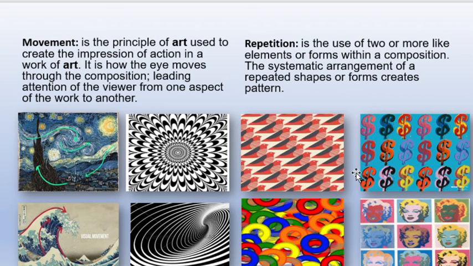That is what we call repetition, and it is common in pattern. So you see that the objects here are all repeated in a certain manner. These ones too are repeating the shapes of the patterns. So this is what is known as repetition. You keep repeating just to create pattern in the work.